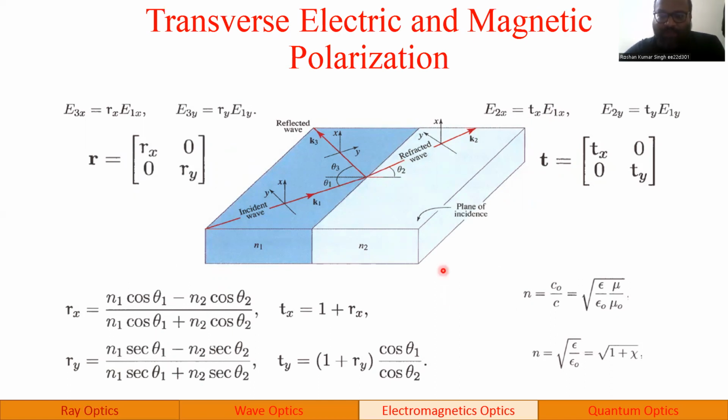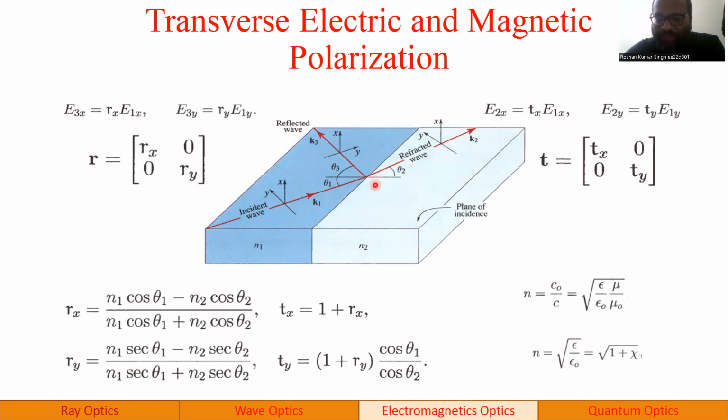Now, in this slide, we see how electromagnetic field theory explains the reflection and refraction of the electromagnetic wave. Suppose an electromagnetic wave interacts with the boundary of two media.